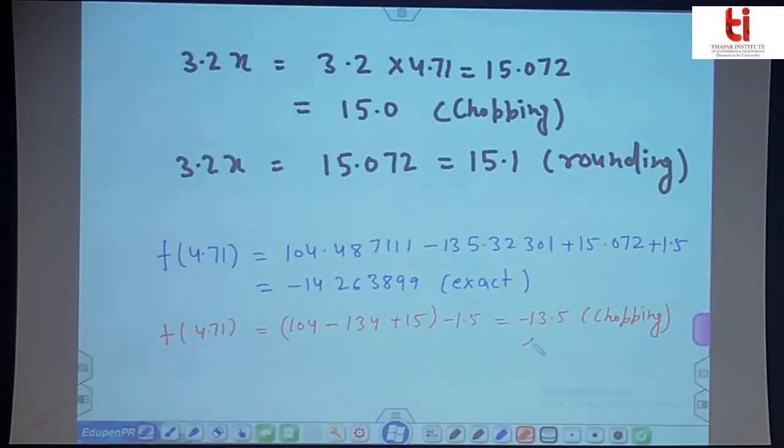We are doing the sum left to right. Using rounding, we'll write it later on.